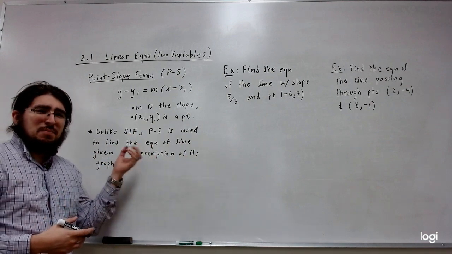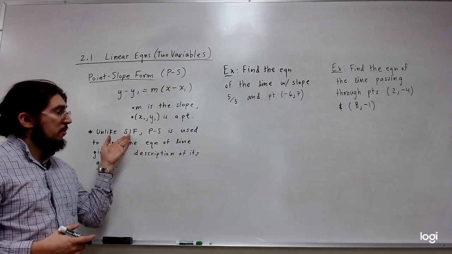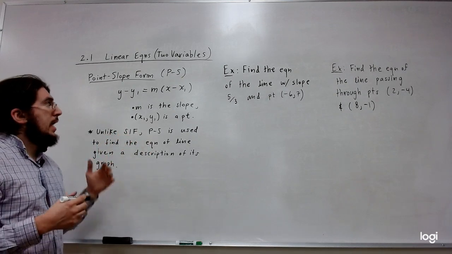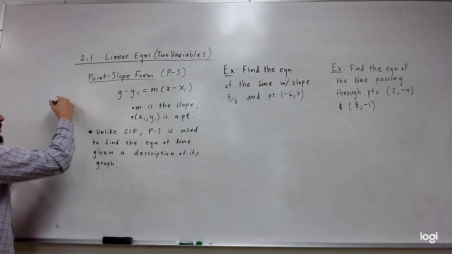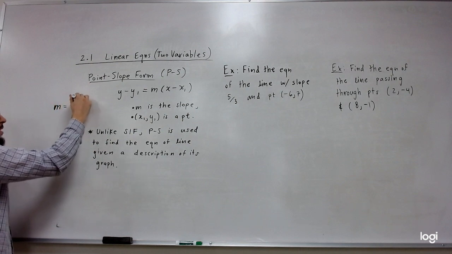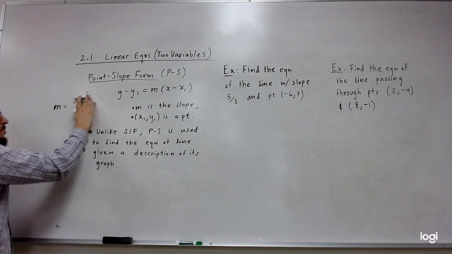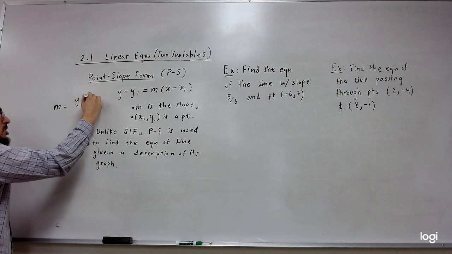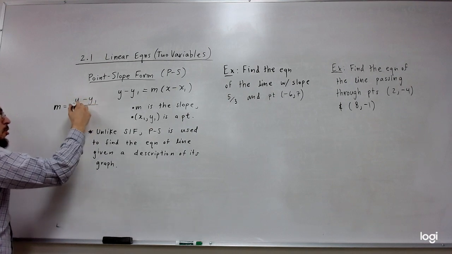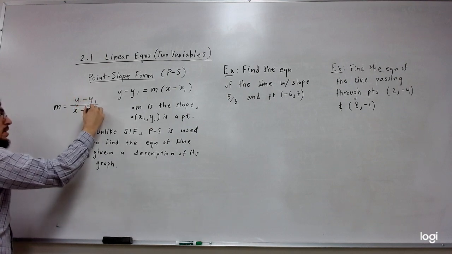Now, I said that point-slope form would explain why slope-intercept form is true, and it's because this actually comes from the slope formula we saw earlier. y2 minus y1 over x2 minus x1.